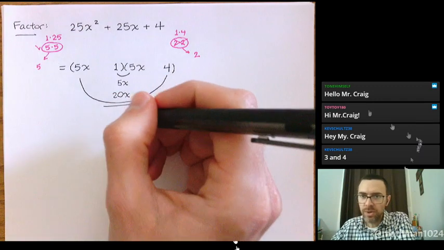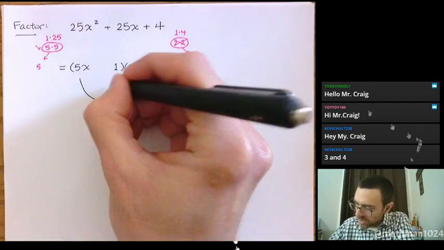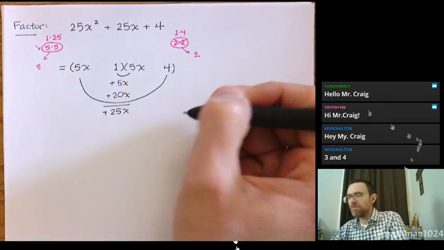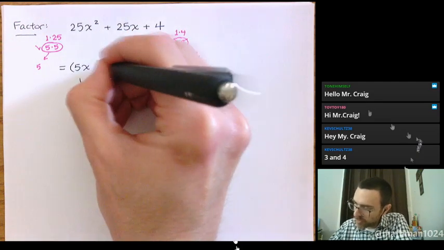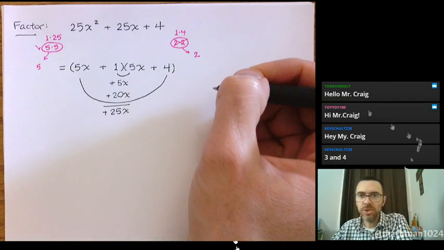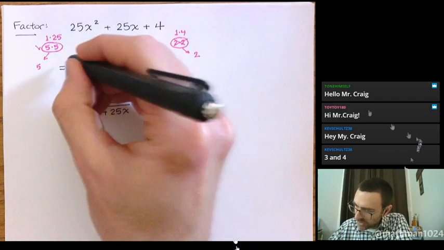And if I do the appropriate signs here, I can get 25x as long as these guys are all positive, which I can make happen, right? Everything here is positive, so I'll do a positive 1 and a positive 4. Then everything works out just the way it's supposed to. So we can use logic to save ourselves a bunch of time.